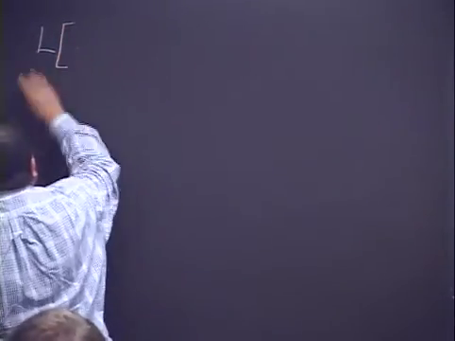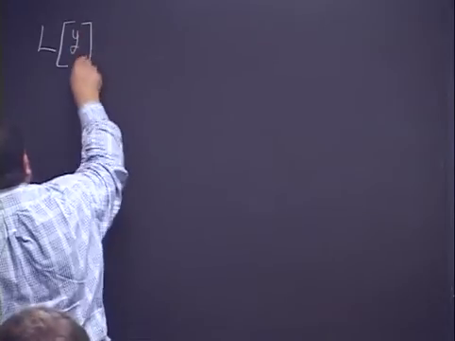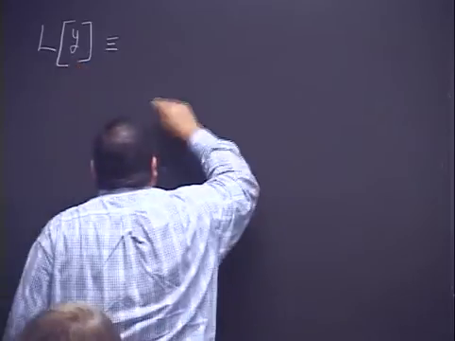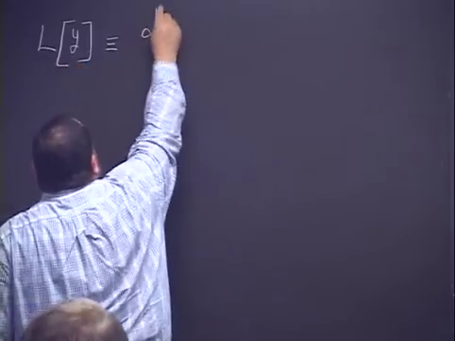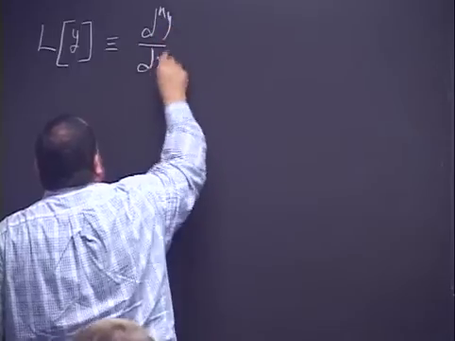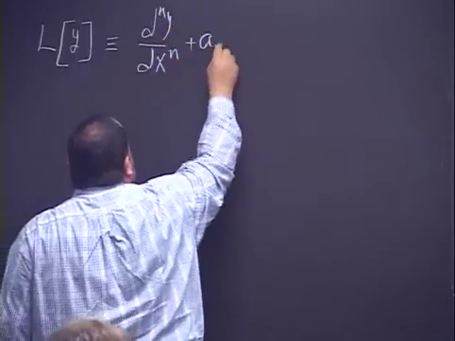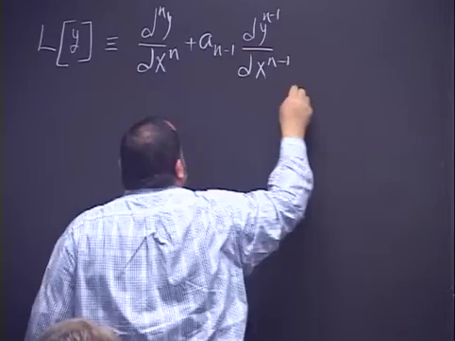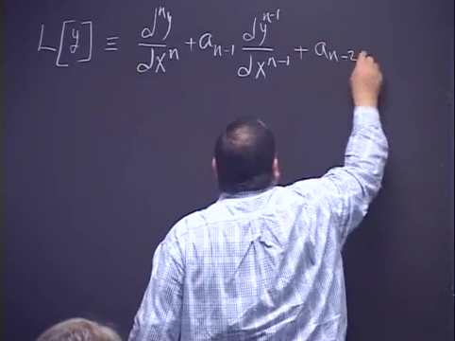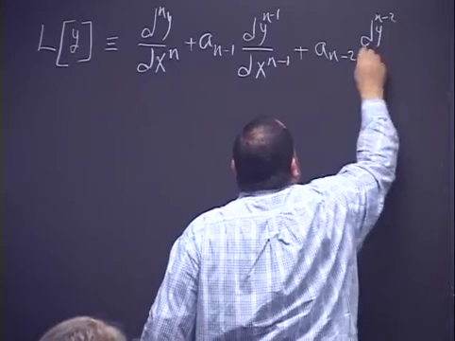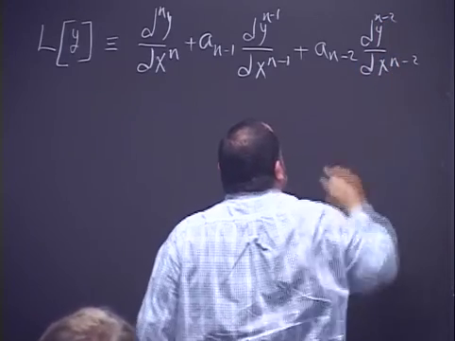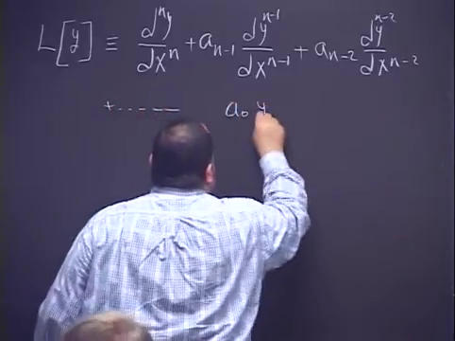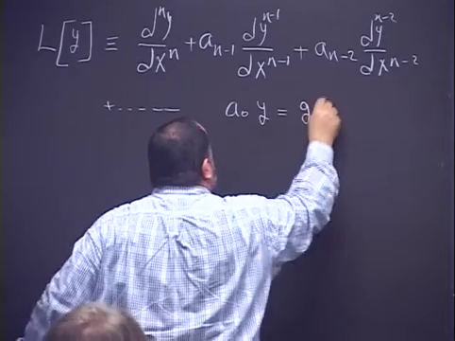Instead of writing the equation every time, as we said last time, we will write an operator L operating over the function y, which is d^n y/dx^n plus a_{n-1} d^{n-1}y/dx^{n-1} plus a_{n-2} d^{n-2}y/dx^{n-2} and so on up to a_0 y equal to g of x.